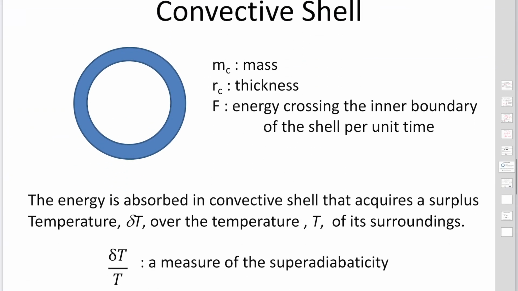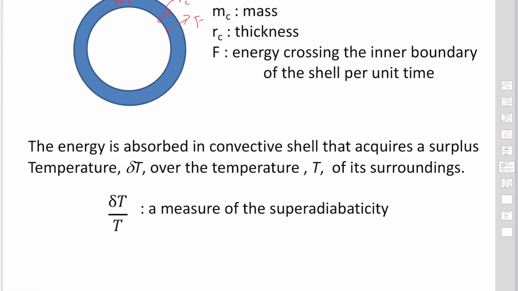So we consider a convective cell inside a star. The mass of the convective cell is m sub c, and the thickness is r sub c. This is r sub c inside the shell, m sub c, and the energy flux through the inner boundary of the shell per unit time is F. Then energy is absorbed in the convective shell, which acquires a surplus temperature delta T over the temperature T of its surroundings.